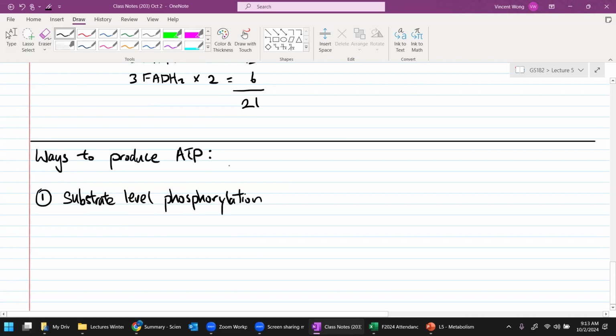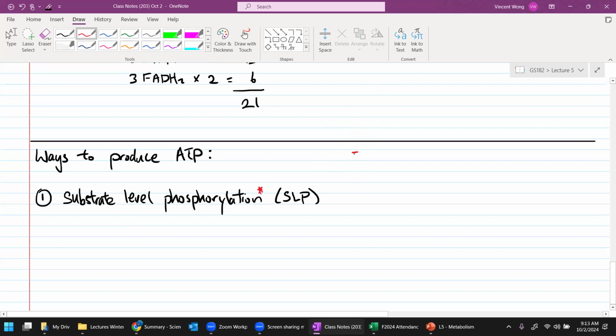Now, no one's going to remember that name, so we can just call it SLP for short. Although that's not the official short form, right? But you can use it. Yeah. So this is substrate level phosphorylation.